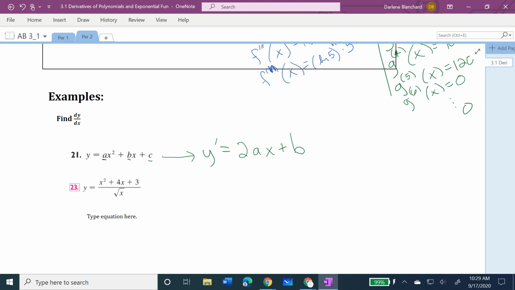All right, now, very important, you're going to run into some problems where you have division and multiplication, and you do not have a rule yet for that. That means you get to expand your algebra. If you are dividing by a lone term, you can distribute division over addition just like you distribute multiplication over addition. And let me also remind you, what is the exponent for the square root of x?